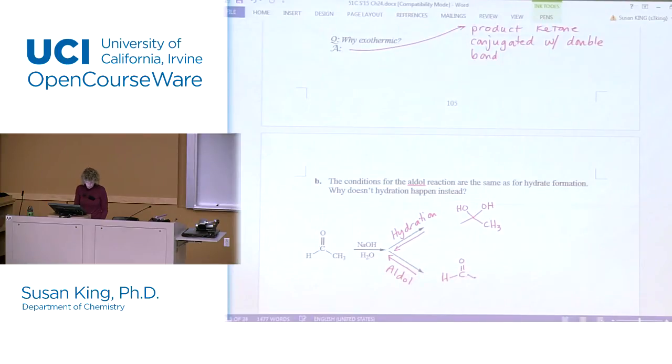And again, we can form the aldol addition product, or we can form the aldol condensation product. In this case, we would heat. Why don't we form hydrate instead? Anybody?